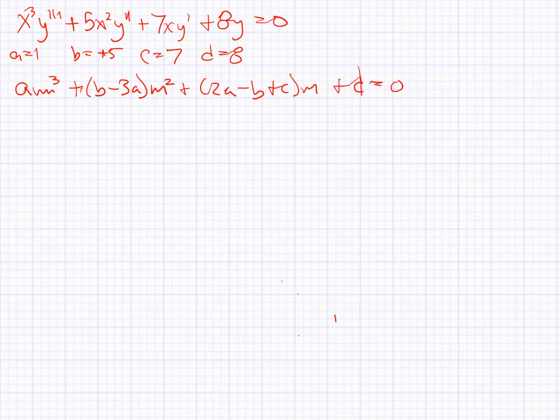In which case, a is 1, so this will be m cubed plus, oh man, my computer's all over the place today, plus b minus 3a, so in this case that's 5 minus 3 times 1, so 5 minus 3 is 2, so 2m squared plus 2a, so that's 2, minus 5, which would be negative 3, plus c, which is 7, will give me 4m, plus d, which is 8, equals 0.